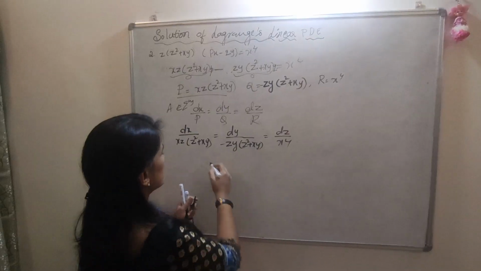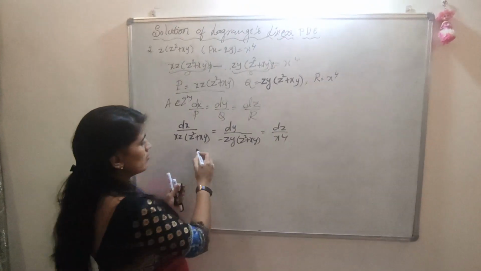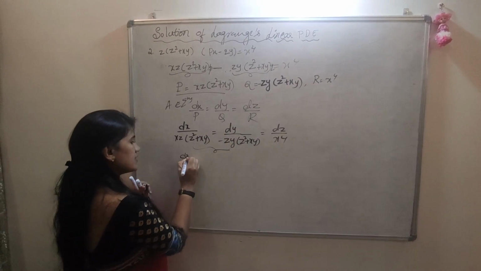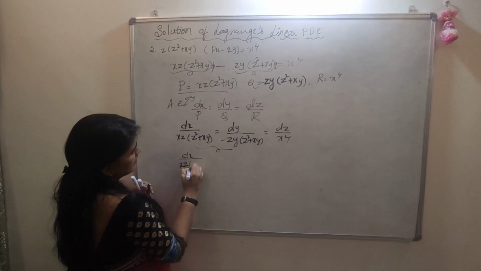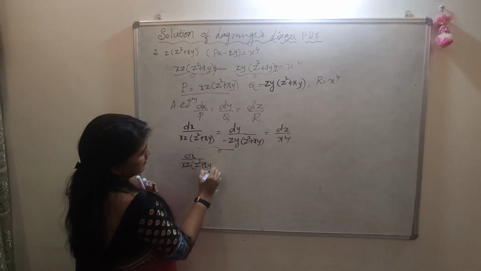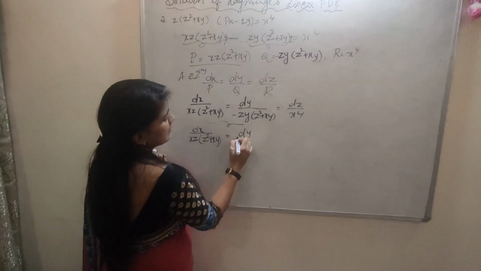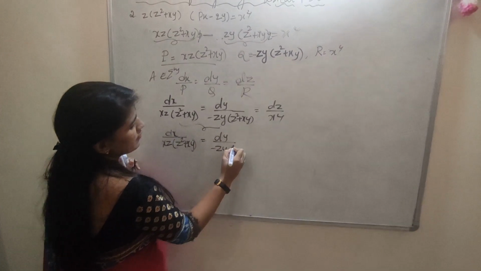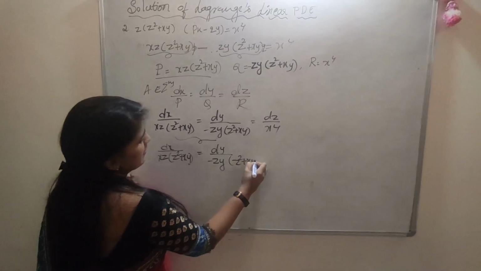After this, we have to compare the suitable pairs. So, I will take these two: dx divided by xz of z square plus xy is equal to dy divided by minus zy of z square plus xy.